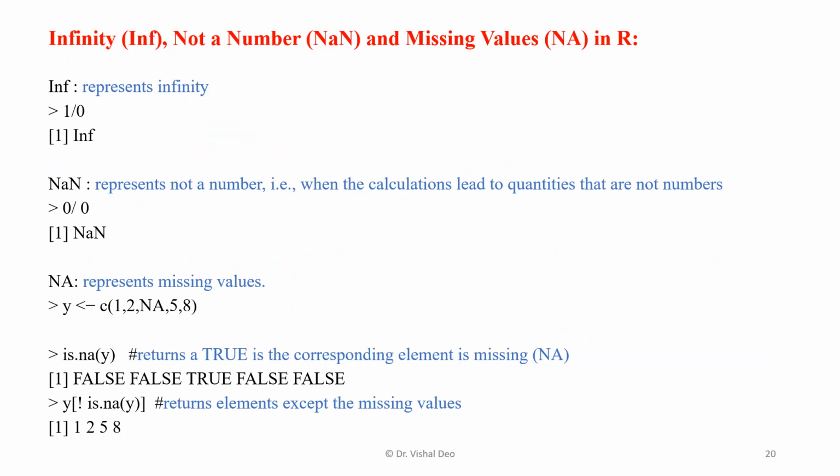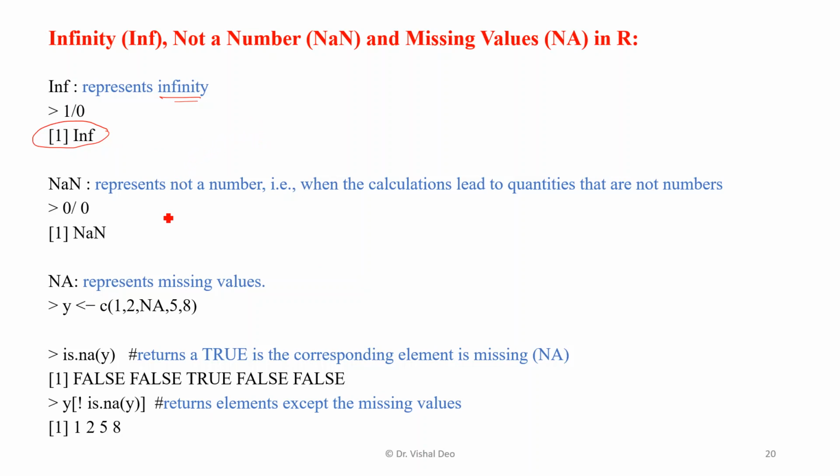Now, while doing computations in R, this is something which we always face. Sometimes our result is shown as infinity or NaN, and you should know what it means. Whenever the output comes as Inf, it represents infinity, meaning some problem has occurred where something has been divided by zero.